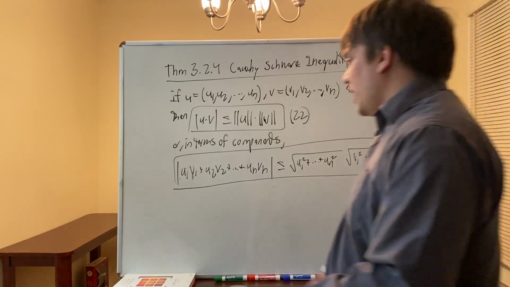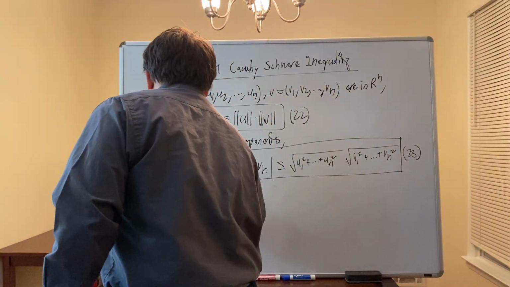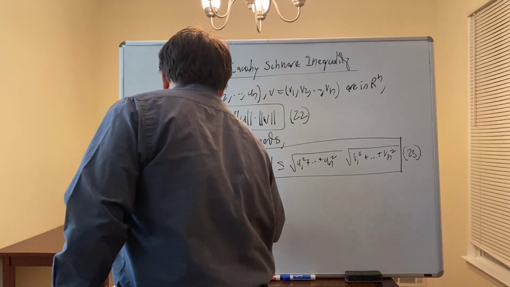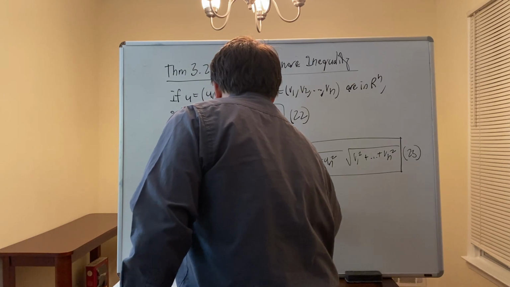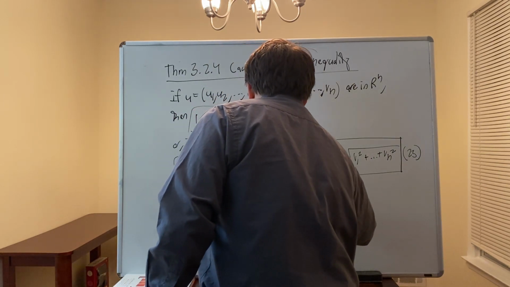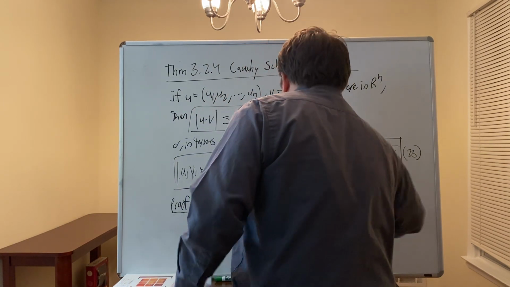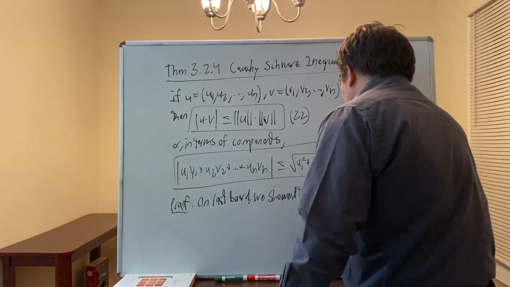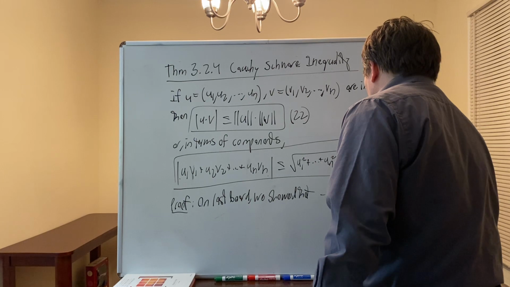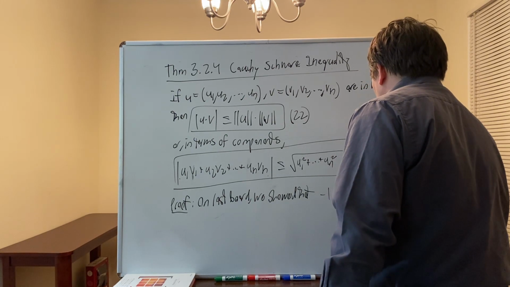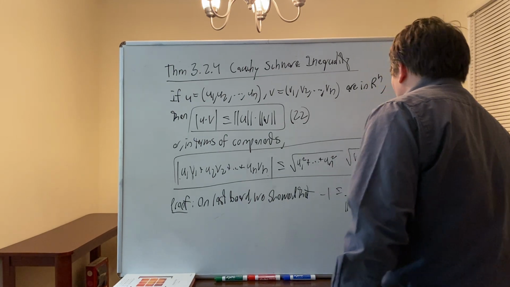Okay, and so how do we get that? The proof? Well, in the last board, we showed that -1 is less than or equal to u dot v over the norm of u times the norm of v, which is less than or equal to 1.